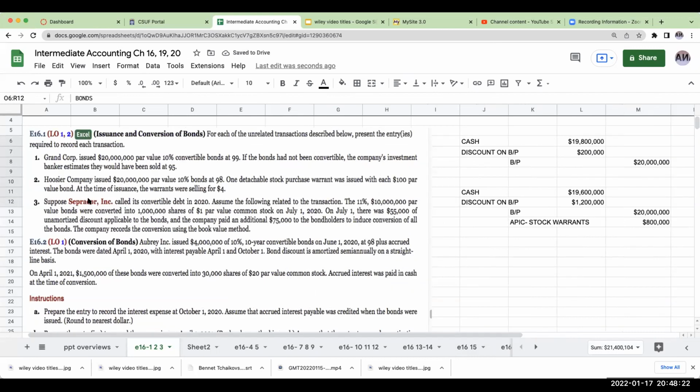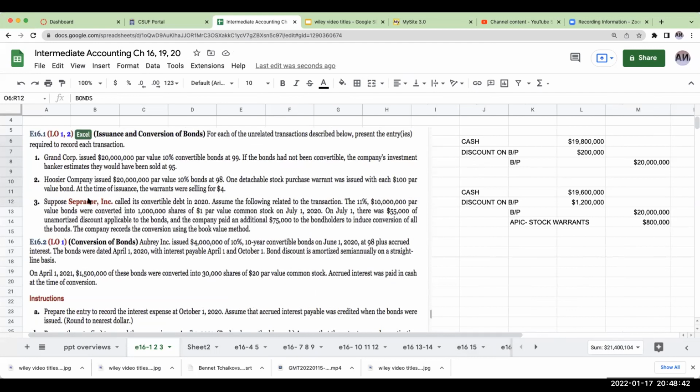So suppose Ciprocor called its convertible debt in 2020. Assume the following related to the transactions. The 11% $10 million par value bonds were converted into 1 million shares of $1 par value common stock on July 1st.